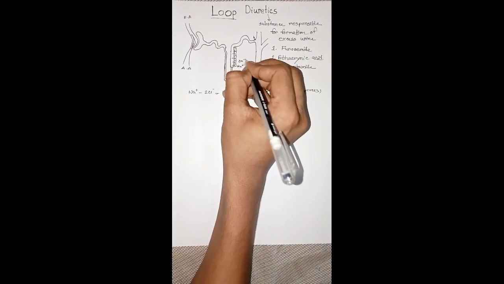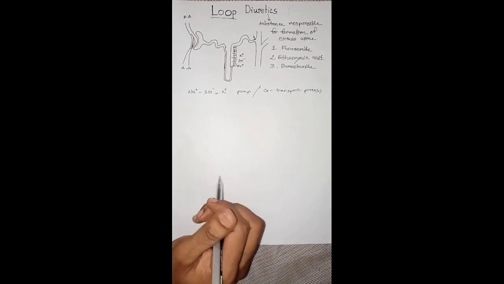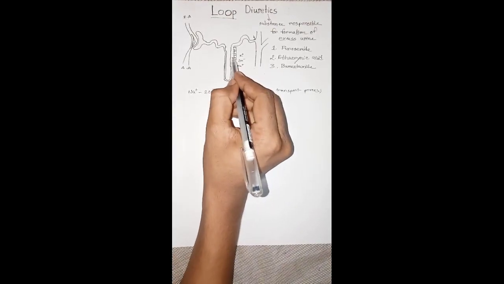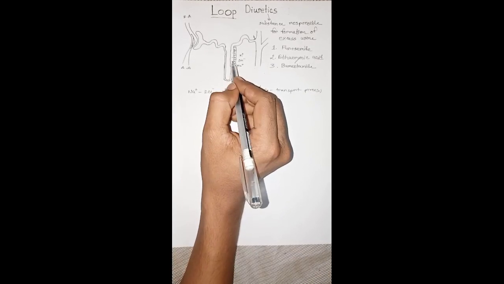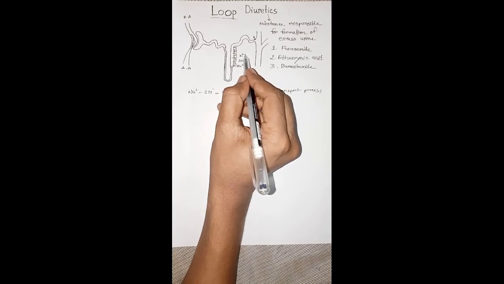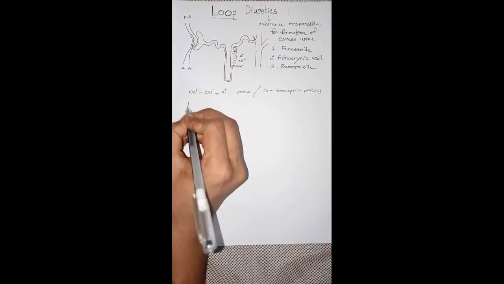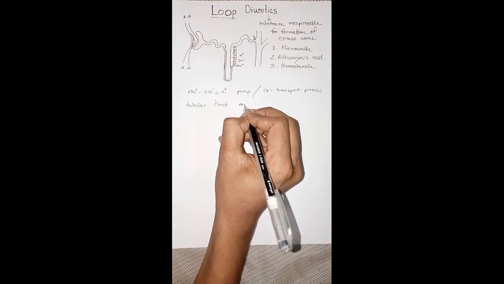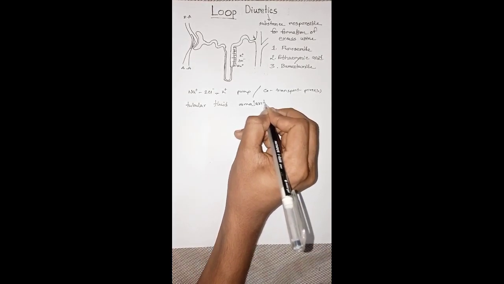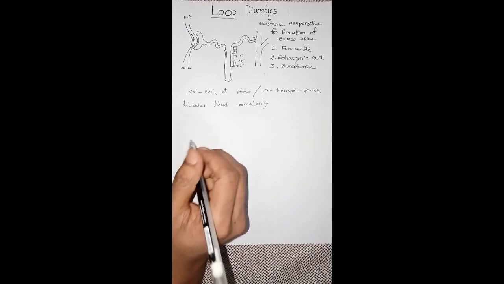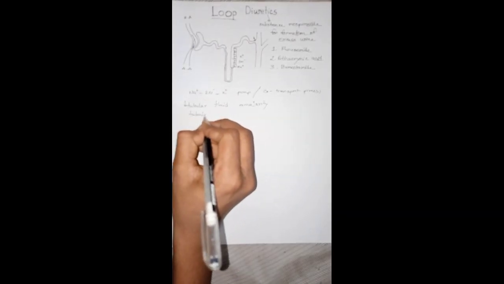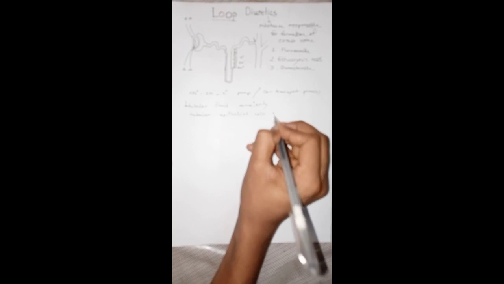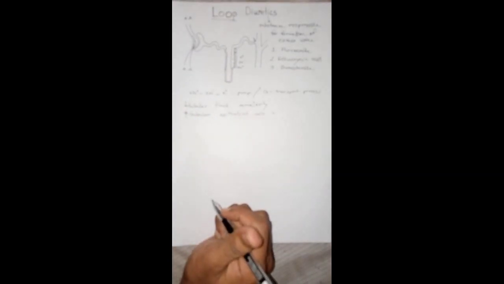When this happens, the tubular fluid osmolarity decreases and the tubular epithelial cell osmolarity increases.